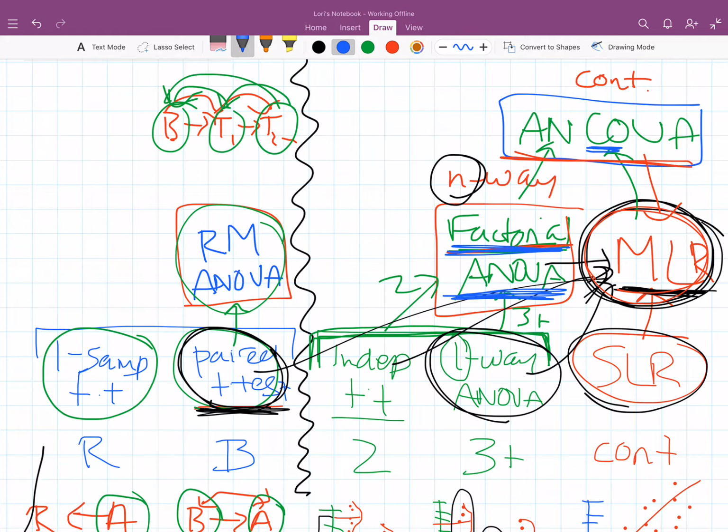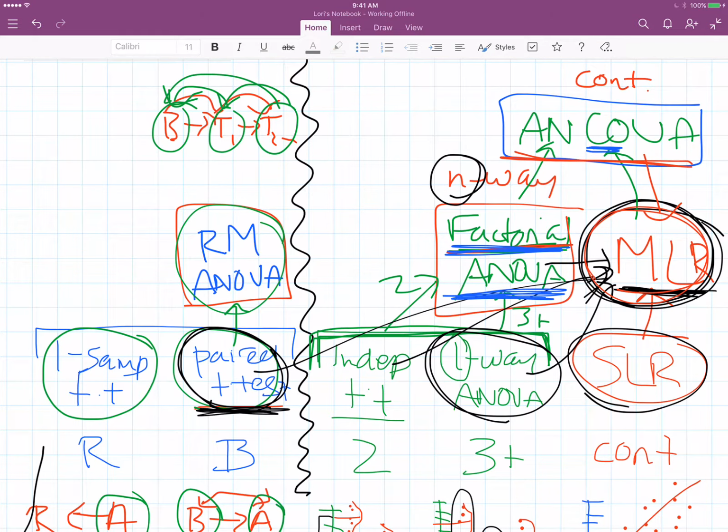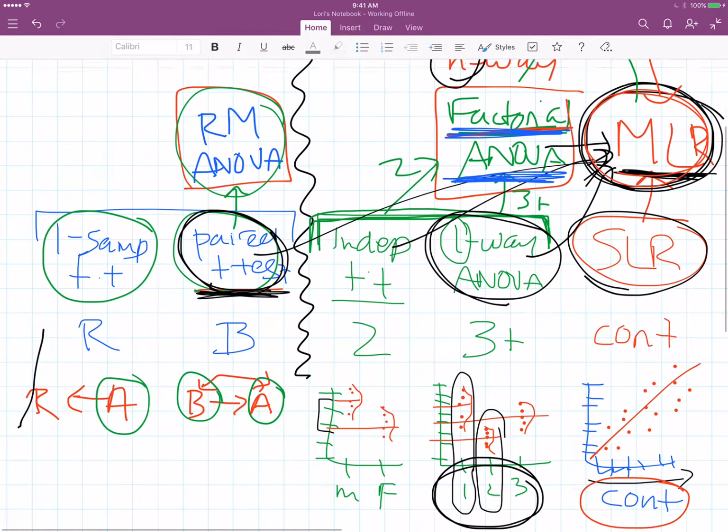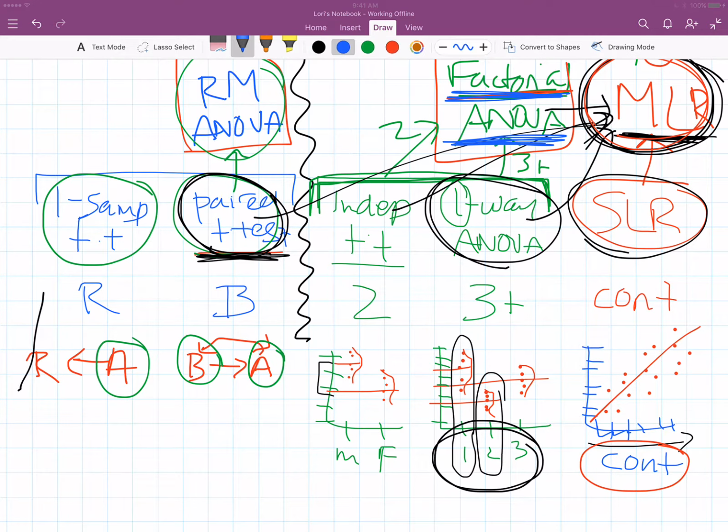Maybe I want to tell the difference between 3 hospitals or 3 schools or 5 states or 10 different programs, and I want to be able to look and see if the averages of those 3 or 5 or 10 programs are the same. I'm doing something like this.